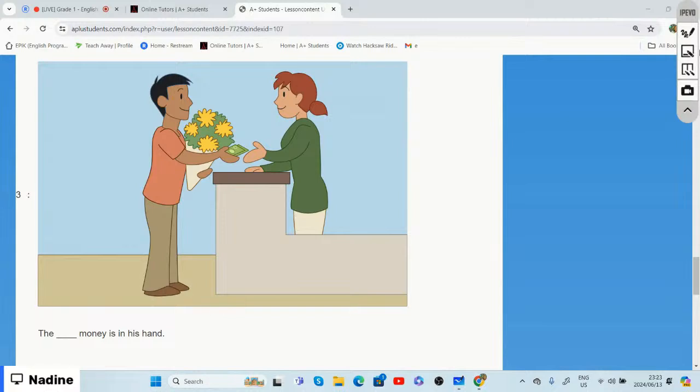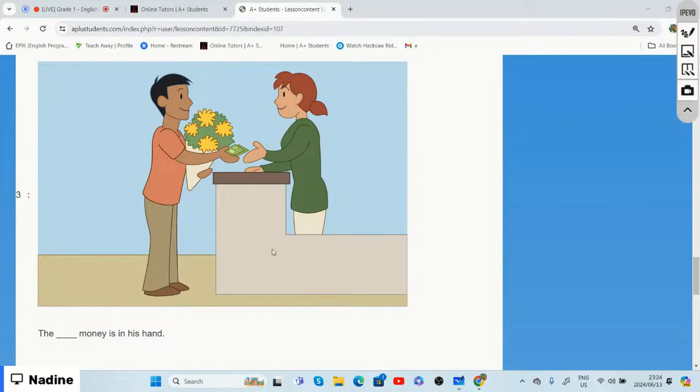So we can either say, remember, we can't say the man's money, because if we say the man's money, he is the man, right? And the money is in his hand. Or we can also say the man's money is in his hand, but he is the man.